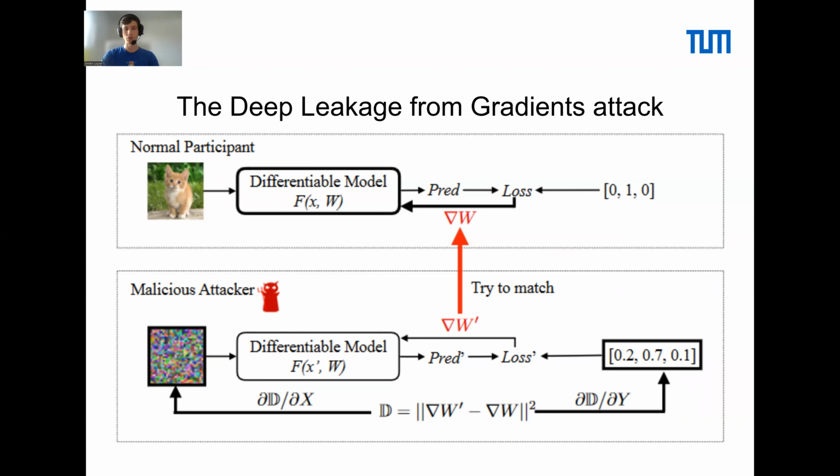What the adversary tries to do is replicate the dimensions of the target image, because they're one of the participants or the central server, and they try to perturb the image that they control, i.e. the noise, to match the gradient that they captured. So the gradient that they capture at some point after you perturb the image for long enough will match what the adversary is trying to replicate.